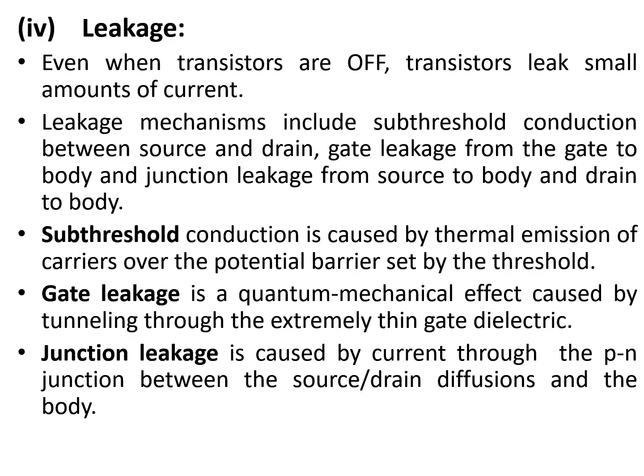Subthreshold conduction is caused by the thermal emission of carriers over the potential barrier that is set by the threshold. Gate leakage is a quantum mechanical effect caused by tunneling through the extremely thin gate dielectric. Junction leakage is caused by the current through the PN junction between the source and drain diffusions and the body.